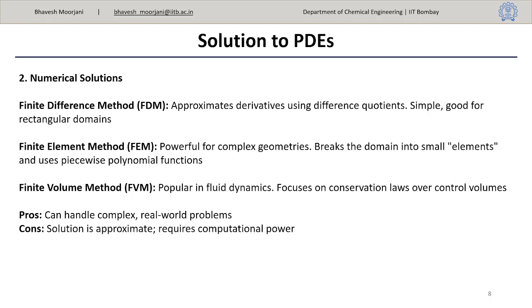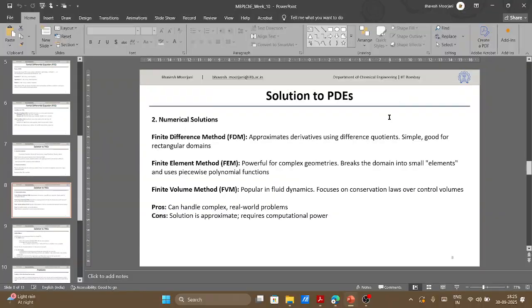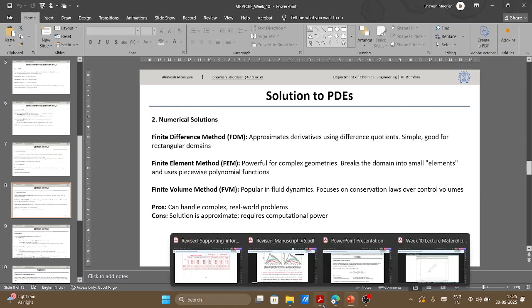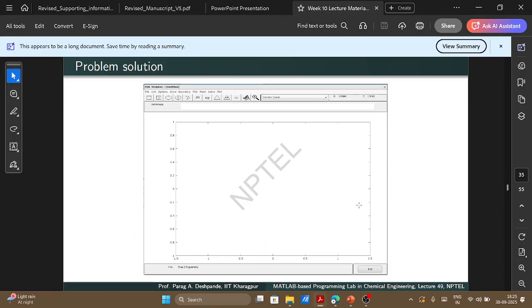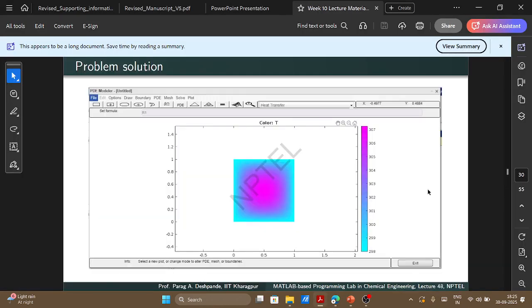What you do is you discretize your system into multiple points, and then you approximate the derivatives using difference quotients, right? So generally all the numerical differentiation methods that we have seen, your central difference method, forward difference method, they fall under this category.